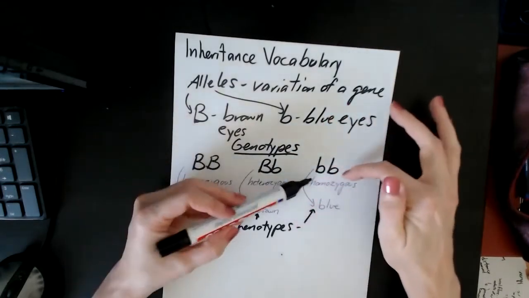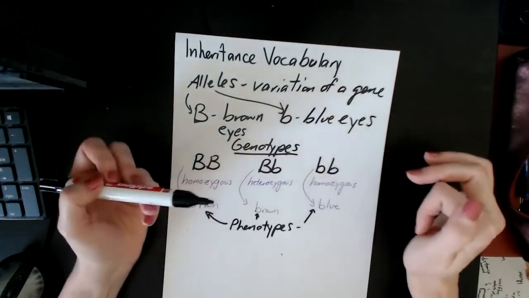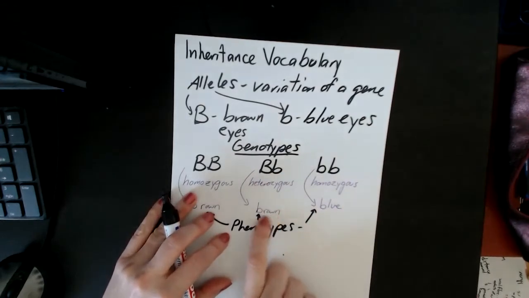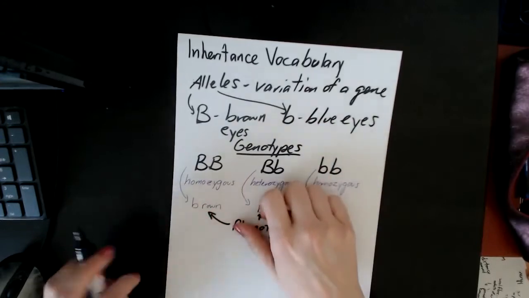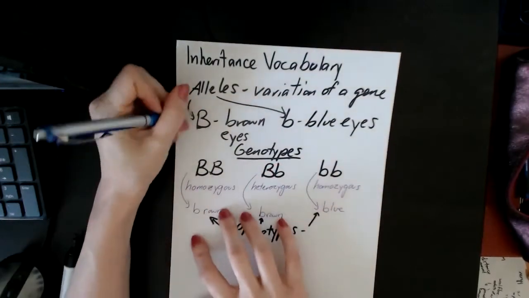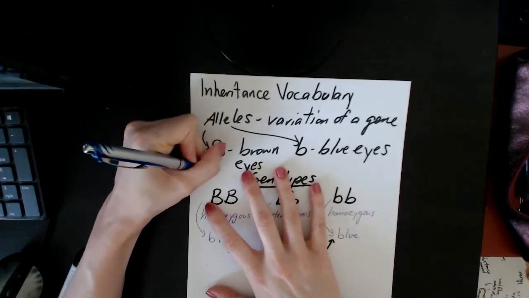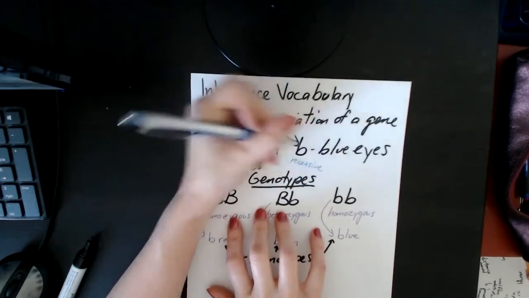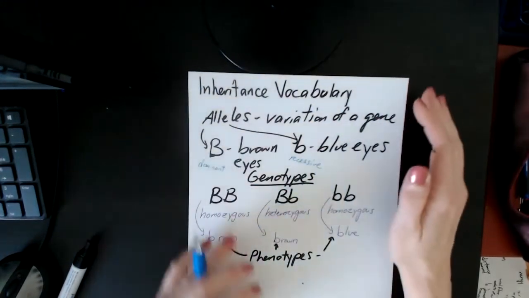So if you have two small b's, that's your genotype, then you will have blue eyes. Now, I said if you have one of each, you end up with brown eyes. Why? Because brown is actually dominant over blue, which is known as recessive. When we talk about alleles, we often talk about having dominant alleles and recessive alleles, and typically the capital letter is portrayed as the dominant, and the lowercase one is the recessive.